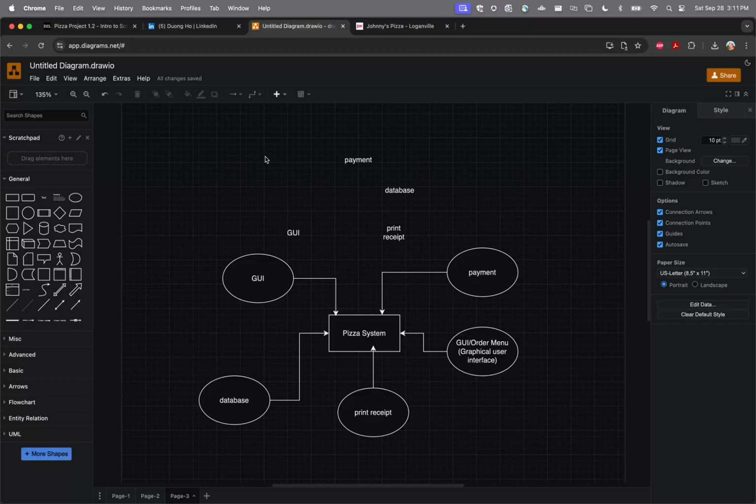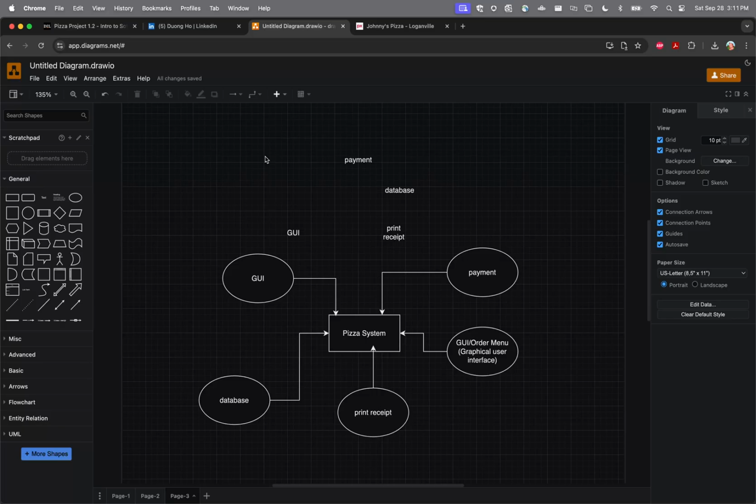I don't want anything fancy. Remember this ER diagram, think of it as a context diagram. Don't make things complicated. This pizza system needs to have these high level requirements.